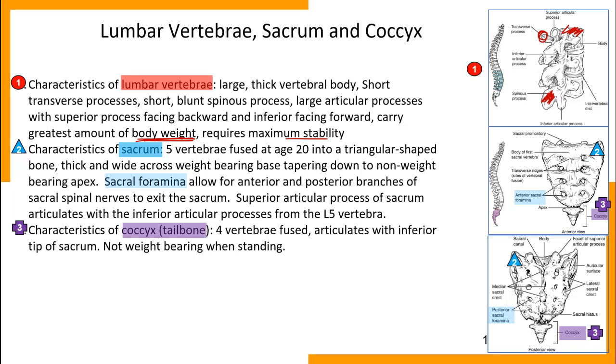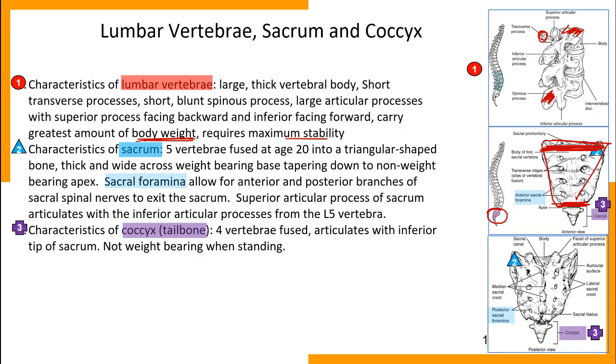Underneath, posterior to the lumbar vertebrae, right over here, we've got the sacrum. So the sacrum is 5 vertebrae that will fuse as you hit the age of 20 years old into a triangular shaped bone, right? And you can see here it's wider at the top, narrower down below, right?